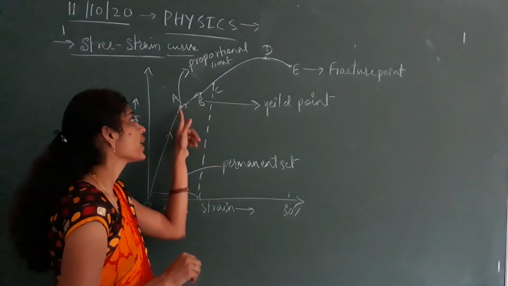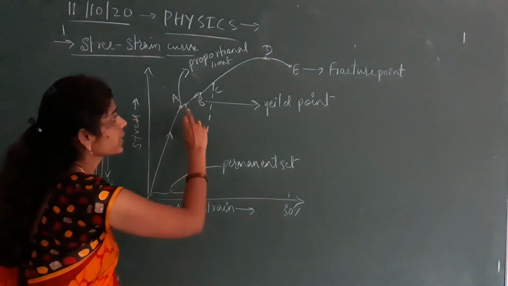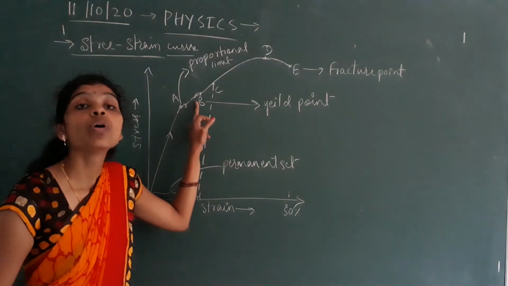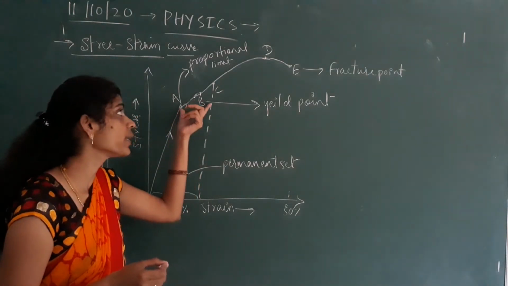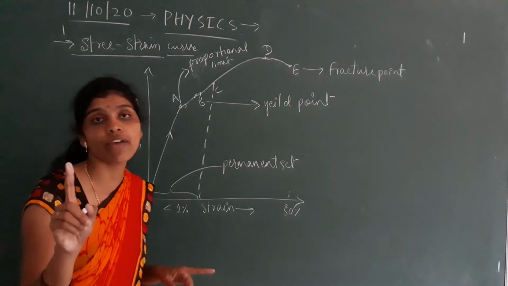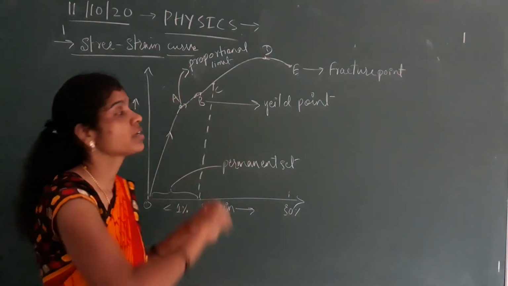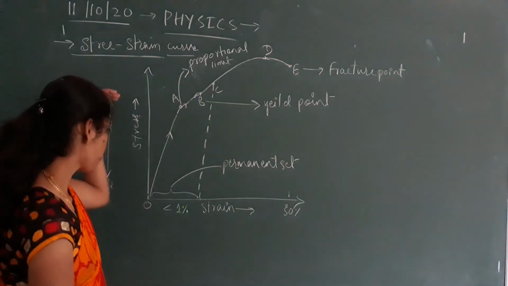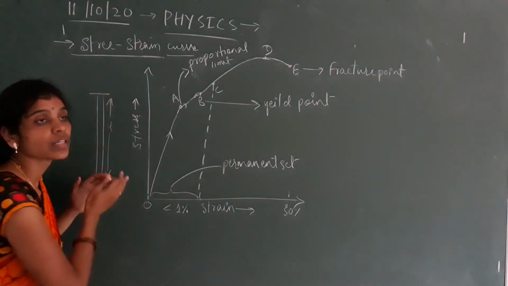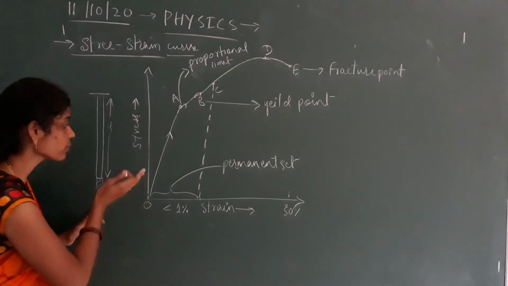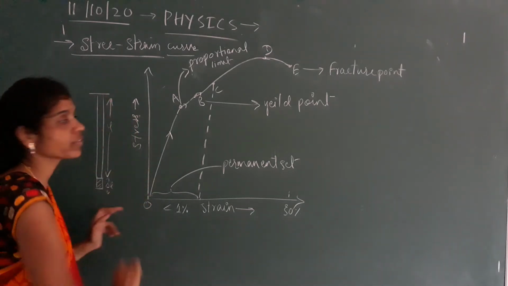From A to B the curve is not linear. The meaning of this is that in the region from A to B, Hooke's law is not valid, meaning the elastic limit is crossed. When we apply force on the object, deformation takes place, and when we remove the deforming force, it regains its original configuration.